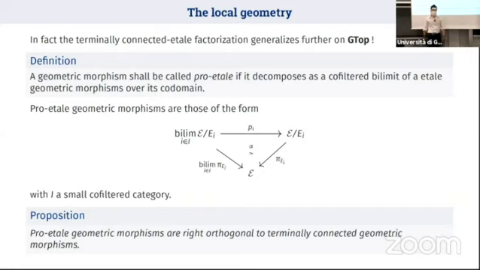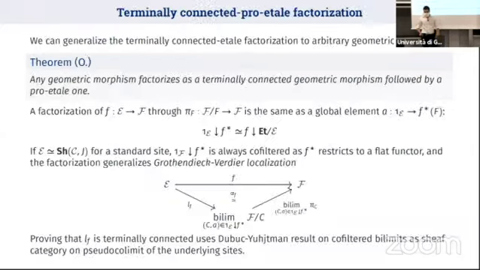And those pro-étale geometric morphisms are still right orthogonal to terminally connected ones. And in fact, you can factorize any geometric morphism as a terminally connected geometric morphism followed by a pro-étale one.